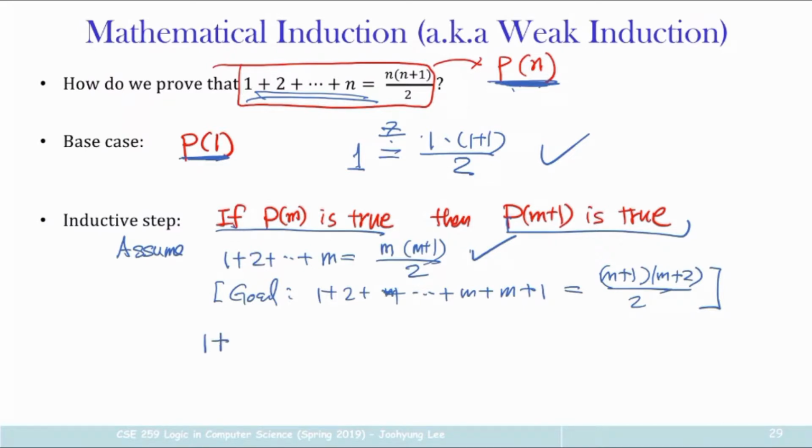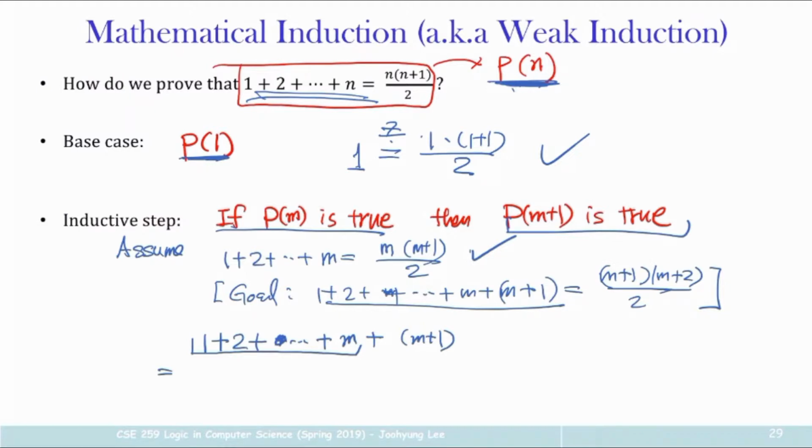If you look at 1 plus 2 plus up to m plus 1, I'm going to divide it into two parts: up to m, and then m plus 1. And I know that this part is equal to some simplified form.